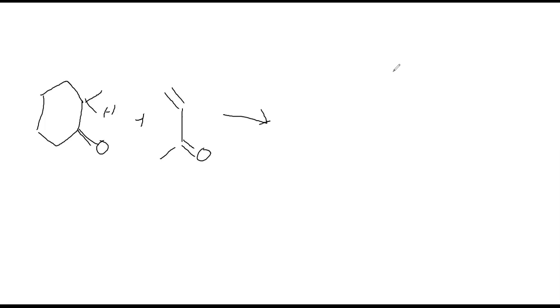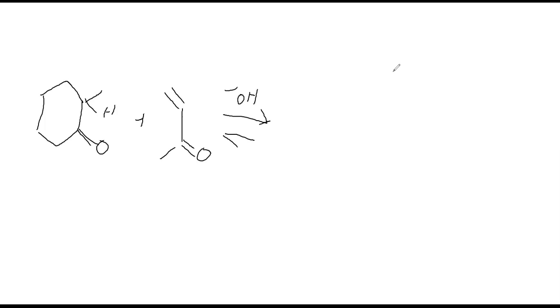So essentially, looking at this, we have a ketone with an alpha hydrogen, and we're adding to an alpha beta unsaturated ketone under basic conditions.